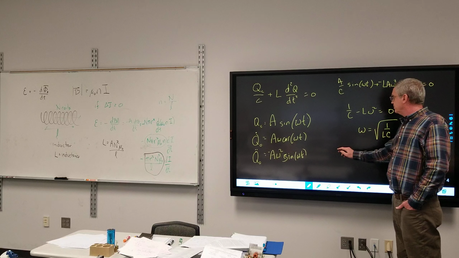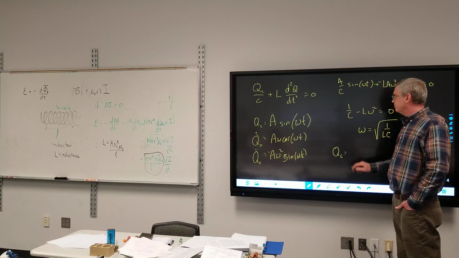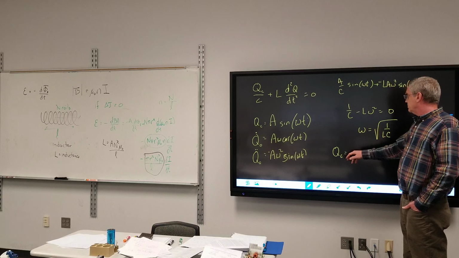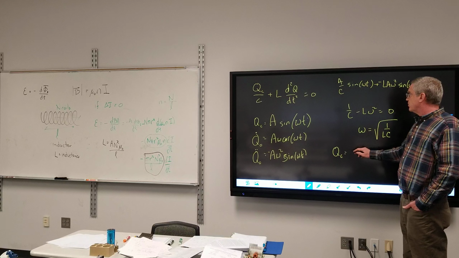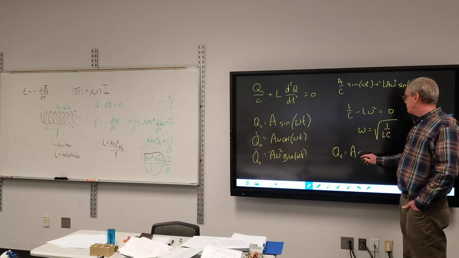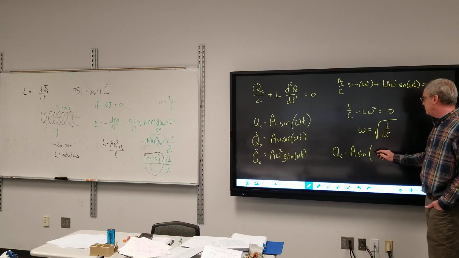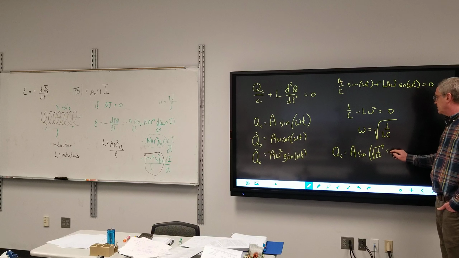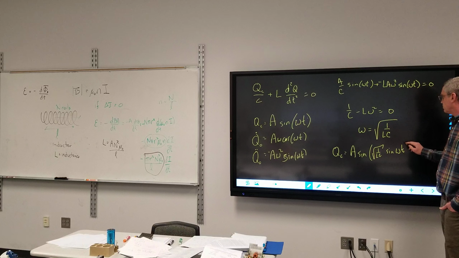So therefore my charge can be modeled by this function of time, which is my amplitude times the sine of omega t, where omega is the square root of 1 over LC.